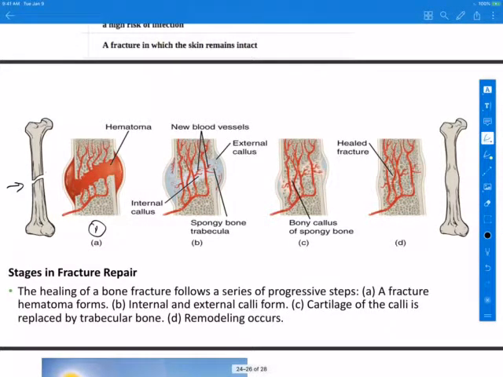Then we form an internal and an external callus, which is made of cartilage and bone. So the internal callus is in the center of the bone, and the external callus is on the outer surfaces of the bone, made up of cartilage and bone.